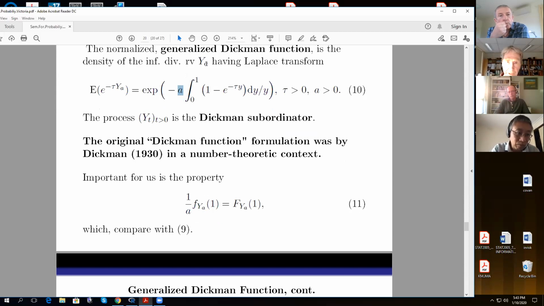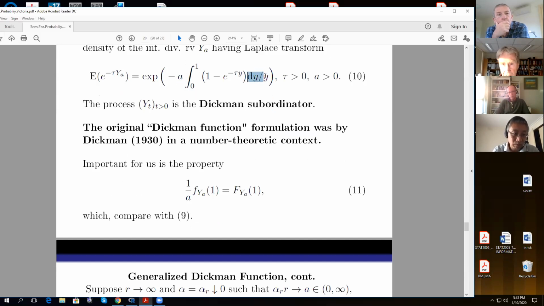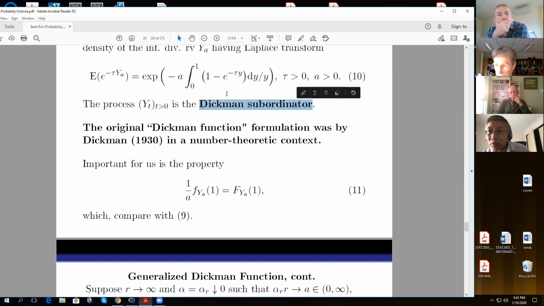So Y_A is a so-called Dickman subordinator, where the time parameter is a constant A here, and its Laplace transform is of this form. And you note the remarkable simplification here. Here we have dy on y. Really nice expression. Of course, the integral here just runs from 0 to 1. We couldn't go to infinity here. But here's a nice Laplace transform, and it is the Laplace transform of the Dickman subordinator.